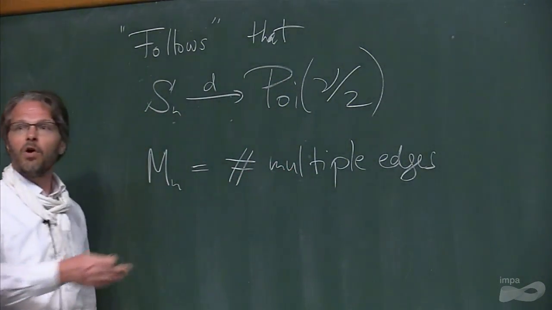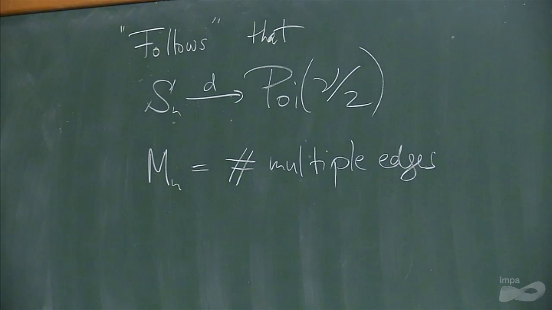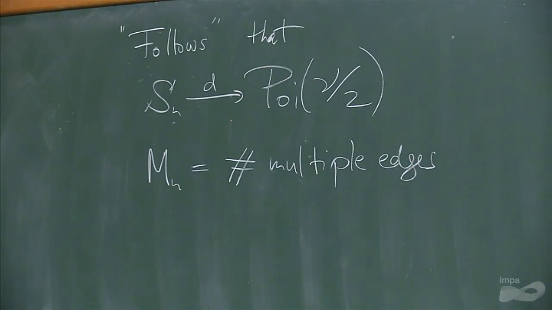So this is the number of edges that are between two vertices that are multiple. So if I have 1, I just keep that 1. If I have 2, I count 1. If I have 3, I count 2. So it's sort of the excess number of edges that I would have to remove in order to make the graph simple, or not having any multiple edges, right?